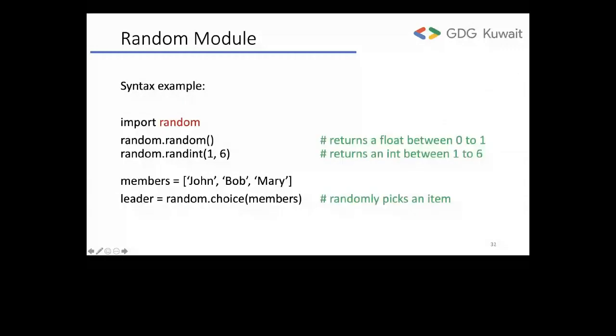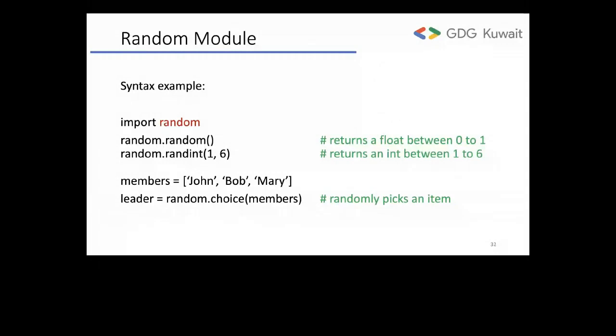So we will write import random, then random.random, and it will return a float between 0 and 1 if we keep it empty. But if we write 1, 6, it will return a number between 1 and 6. Let's say we want to return an integer, or we want to return a string, a text. So we will say John, Bob, and Mary.